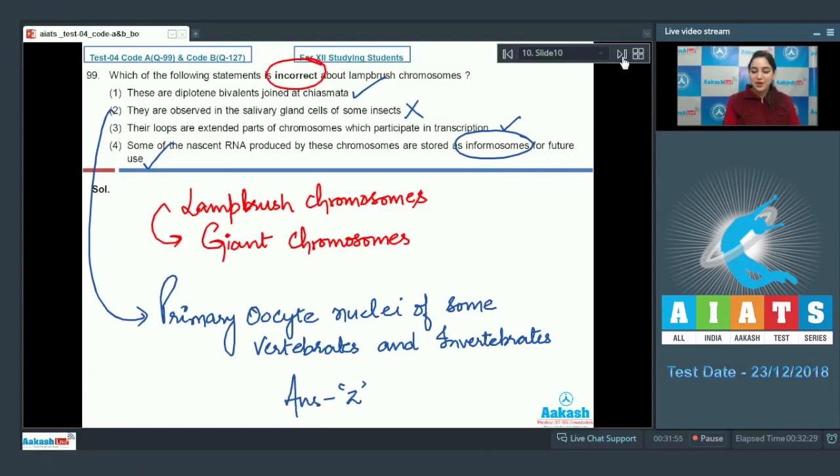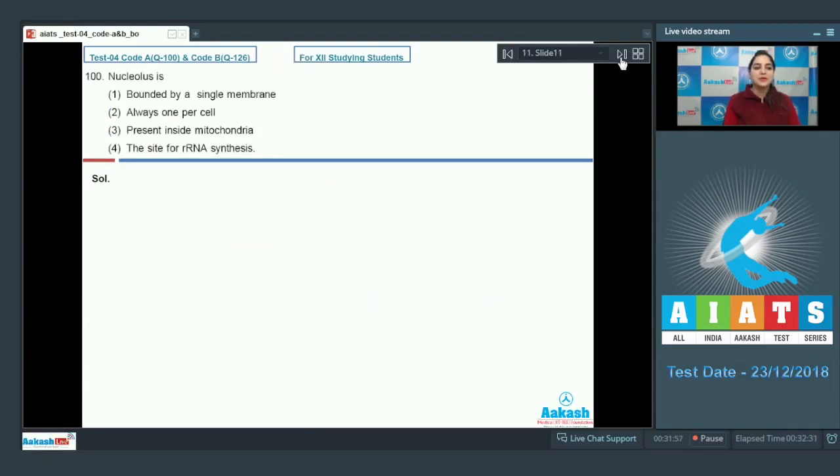Now let us take up another question, which is question number 100. Nucleolus is a structure, students, which is found inside nucleus. Sometimes students do confuse nucleolus and nucleus, but both of them are different. First option here says bounded by single membrane. That's incorrect. It is membraneless. Always one per cell?